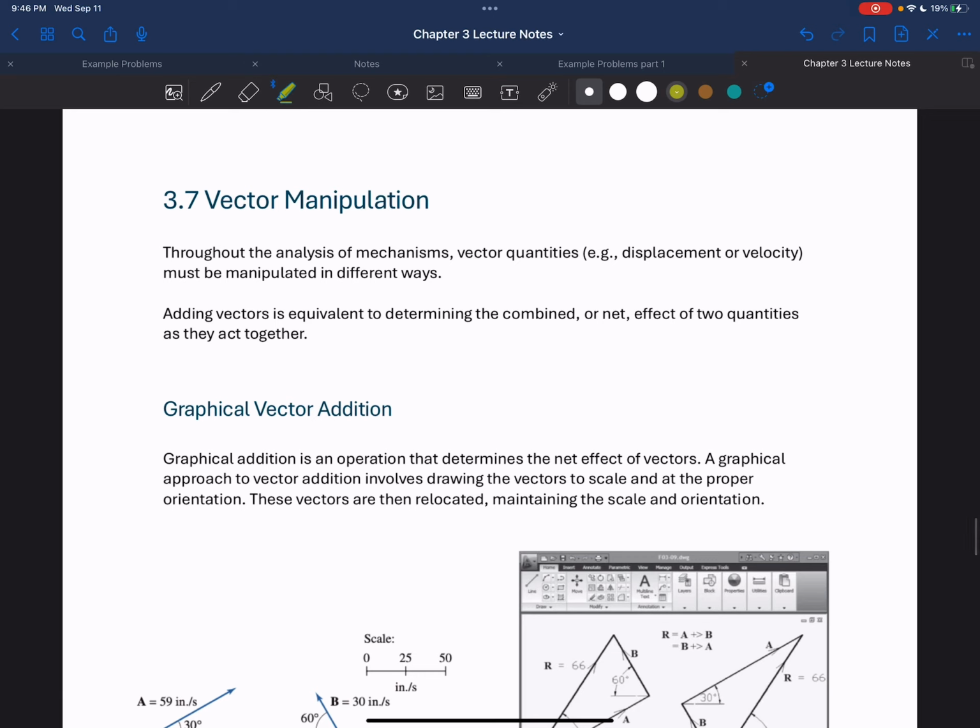All right. So out of high school math and back to kinematics. Some vector manipulation, although I guess you could still call this Physics 101. Looking at this as far as mechanisms, we're going to be manipulating vectors in different ways.